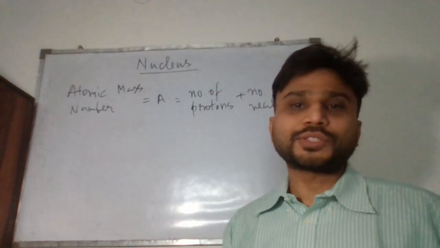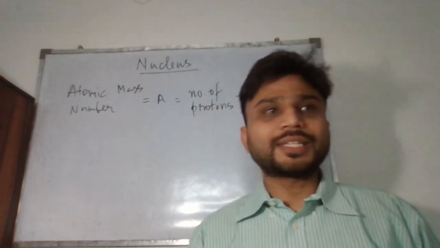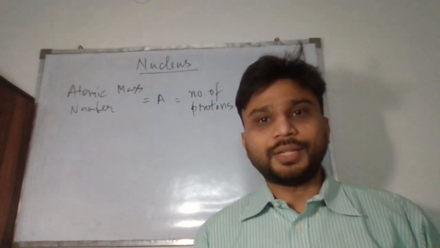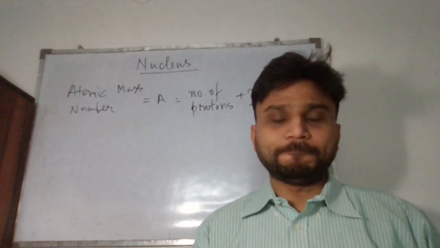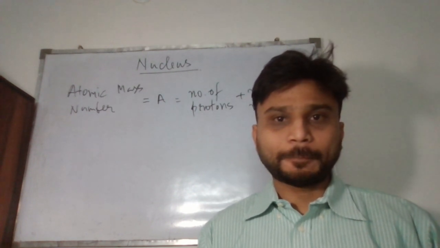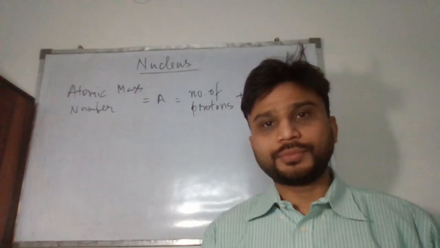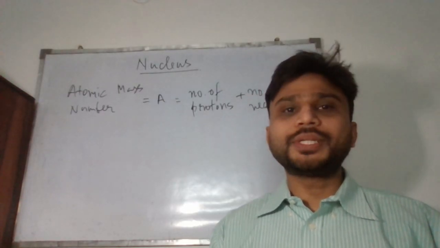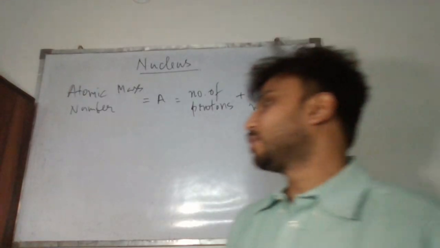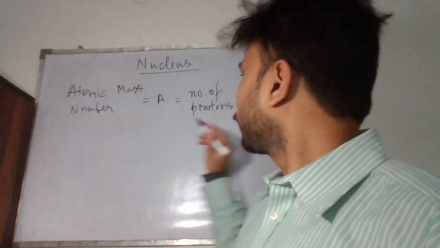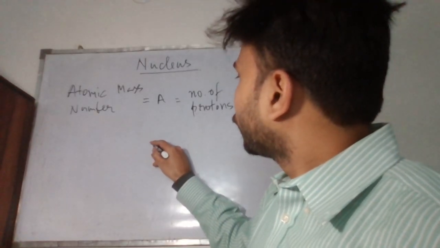So let us take the case of carbon because it is the most common element in organic life forms. Carbon has 6 protons and 6 neutrons. So what would be the atomic mass number for carbon?